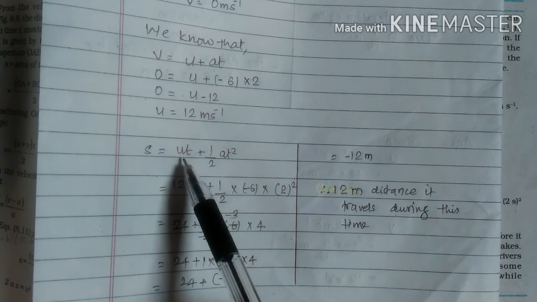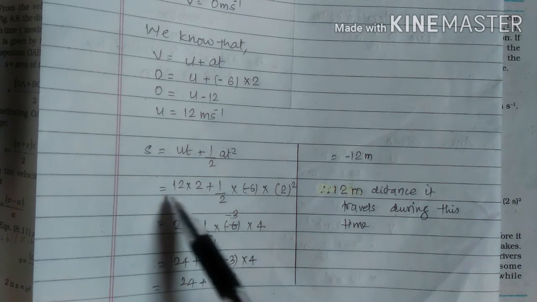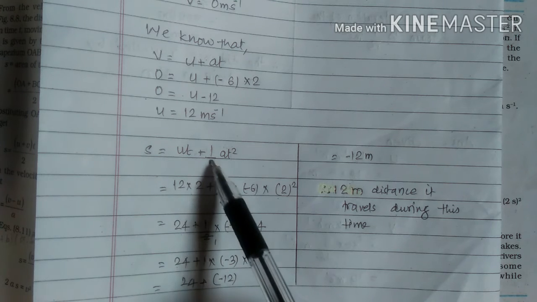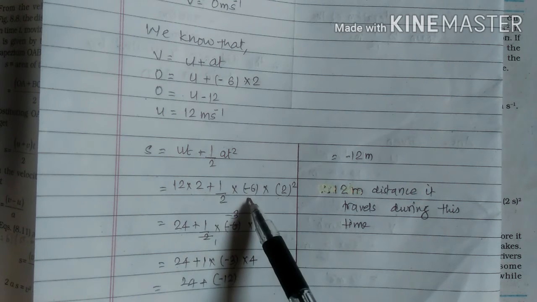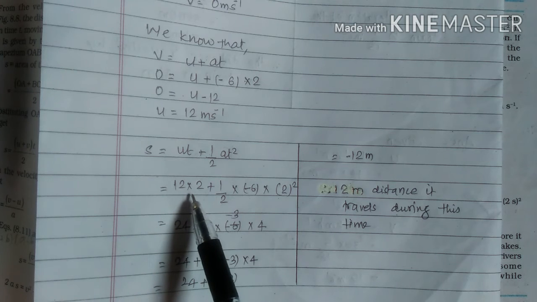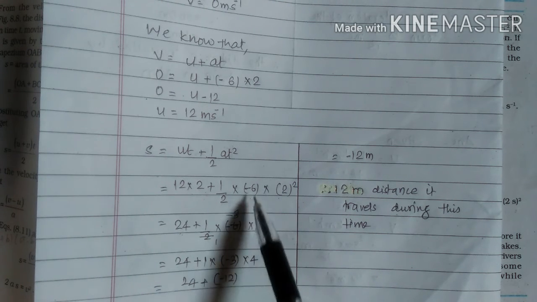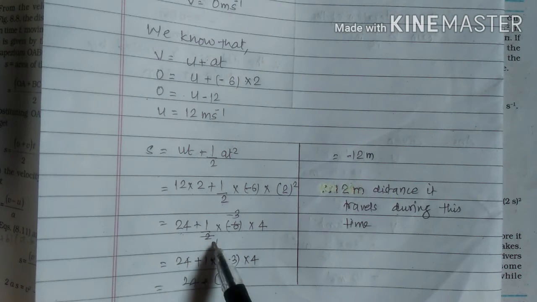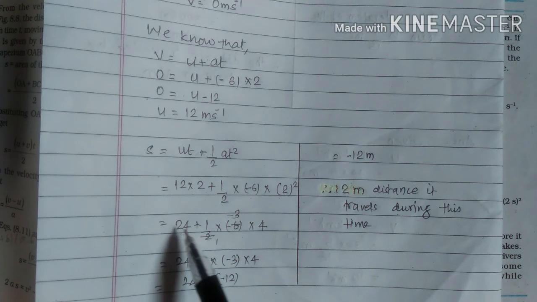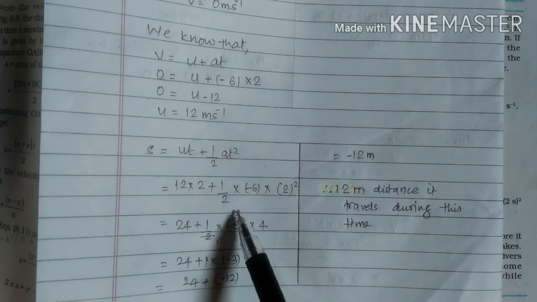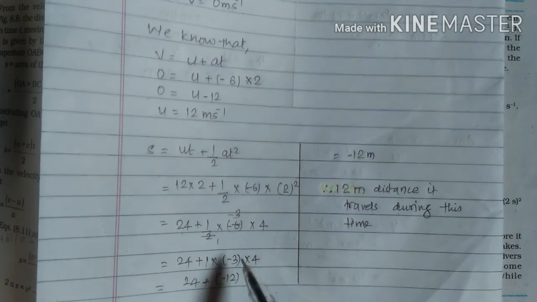Now next we have to calculate distance. Distance formula, s is equal to ut plus 1 upon 2 at square, u 12, time 2 seconds, plus 1 upon 2 into acceleration minus 6, time 2 bracket square. 12 twos are 24 plus 1 upon 2, then here minus 6 as it is, into 2 square 4. 2 ones are 2, 2 threes are 6. 24 as it is plus 1 into minus 3 into 4.